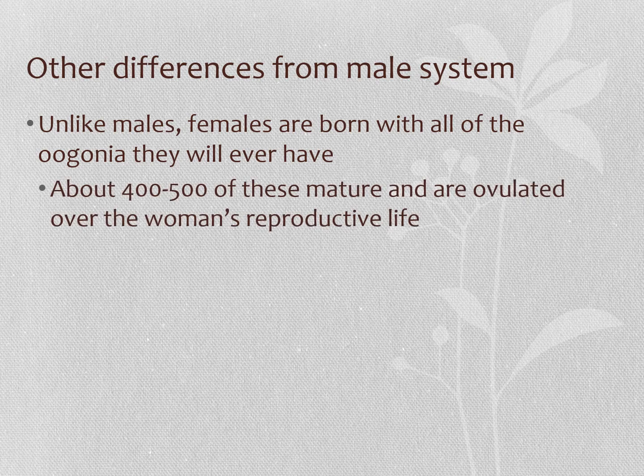So depending on when you start puberty and how long you continue to be fertile and when you enter menopause at the other end, usually about 400 to 500 of those oogonia will become mature oocytes and be ovulated over the course of the woman's life.